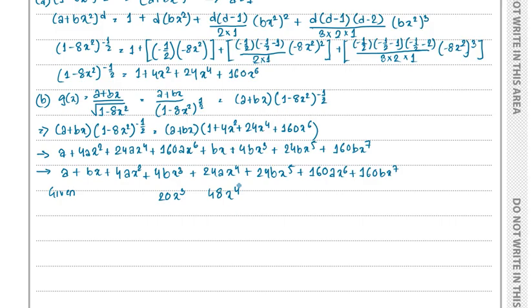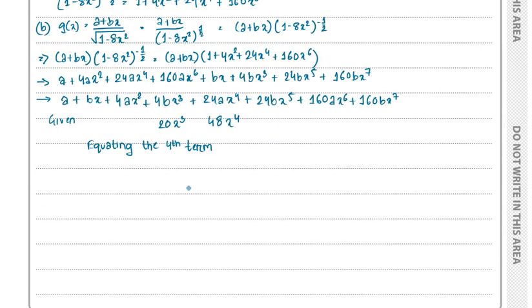So you can just equate the terms right now. Equating the fourth term, or you can say the third coefficient, this would be 4b x cubed equals 20x cubed. So the x cubed will cancel, and b would be equal to 5.